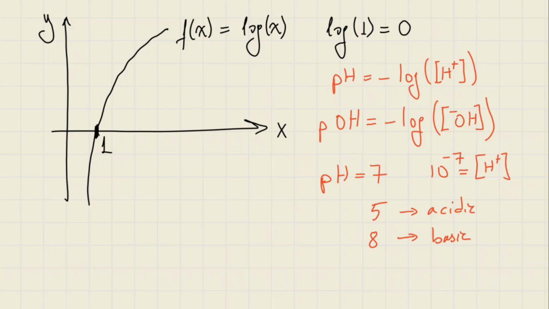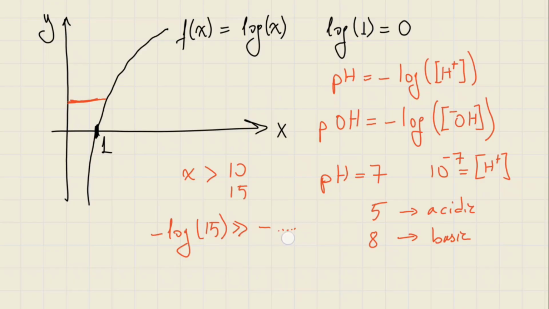But if you look at the function, can pH become less than 1? The answer is yes, since if the x value becomes more than 10, for instance 15, then the minus log 15 becomes something minus something.